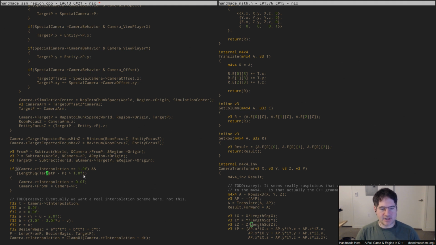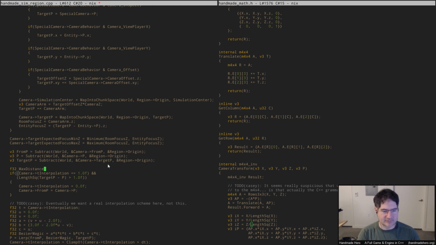So if the amount we wanted to move was greater than some max distance, like max distance per frame, and it's probably less than that. If we were going to move more than the maximum distance per frame, then what we do is we start an interpolation. Otherwise, we do nothing.